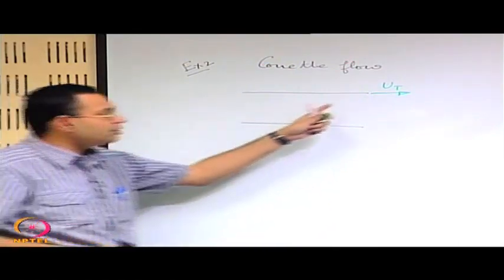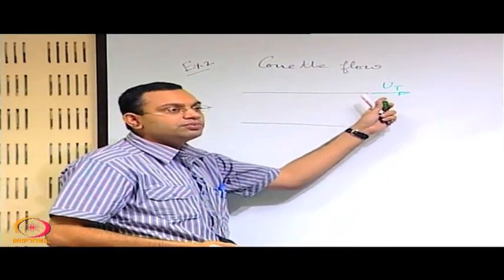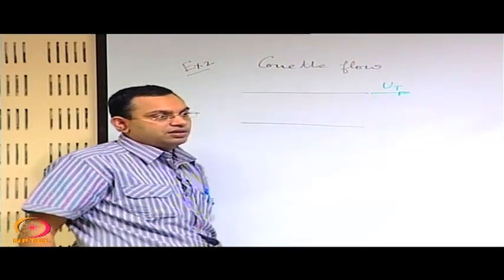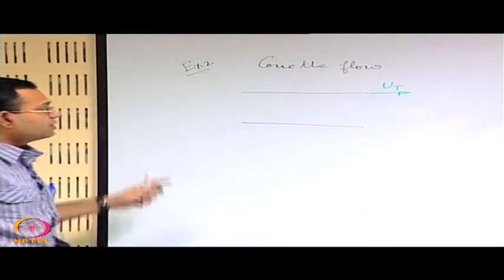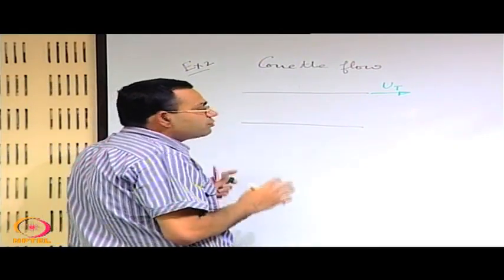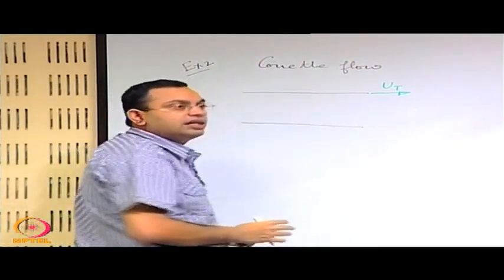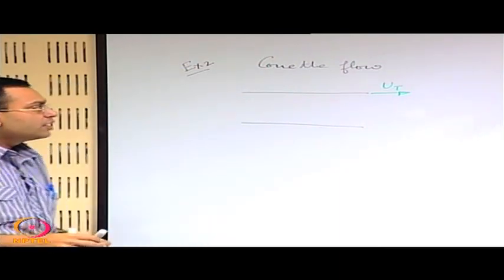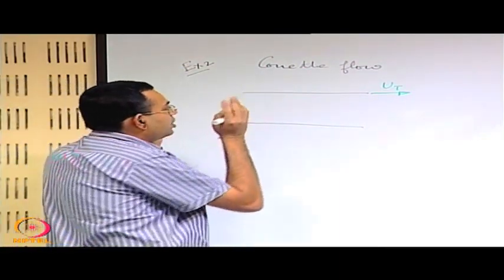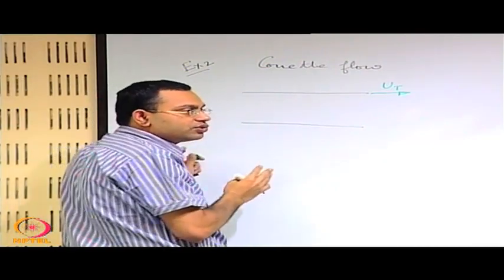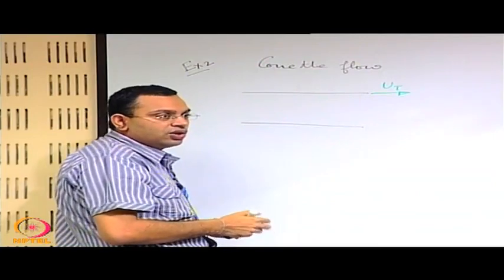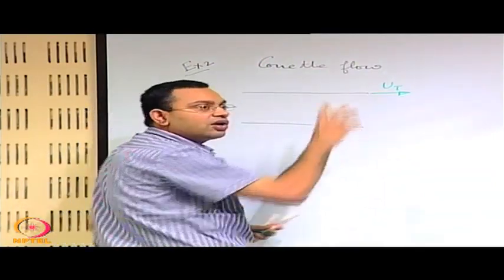So here we are talking about a uniform, time independent velocity with which the plate is being moved. With that understanding, we have to see what extra effect it creates beyond the plain Poiseuille flow that we have discussed. If you forget about the plain Poiseuille flow and just think that this relative velocity is there, what it creates in the fluid is a velocity gradient.